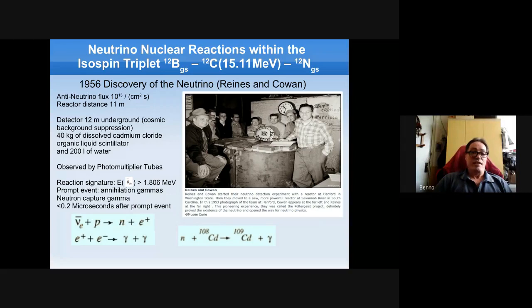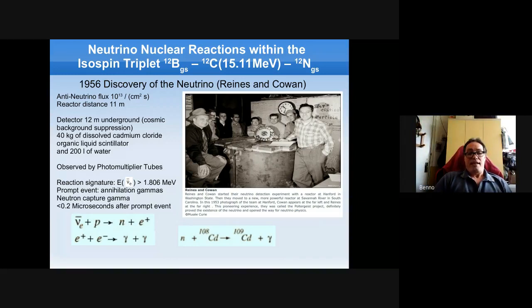The reaction signature is this: we have the electron antineutrino from the nuclear reactor, which does a reaction on the protons of the water, leading to a neutron and a positron. The positron finds a nearby electron to do an annihilation. So the prompt signature of this reaction is to see two gamma quanta of 511 kiloelectron volts.